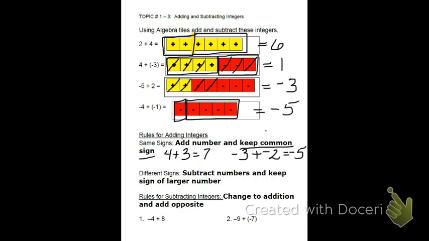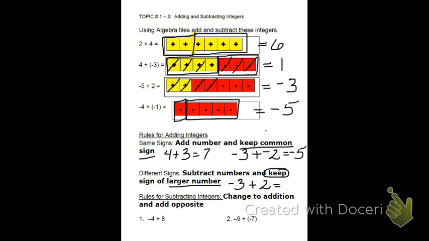Okay, if they're different signs, you're going to subtract the numbers, whatever number it is, but then you're going to keep the sign of the larger number. An example of this would be having something like a negative 3 plus a positive 2. The numbers have different signs, so you're going to ignore the negative in front and subtract.